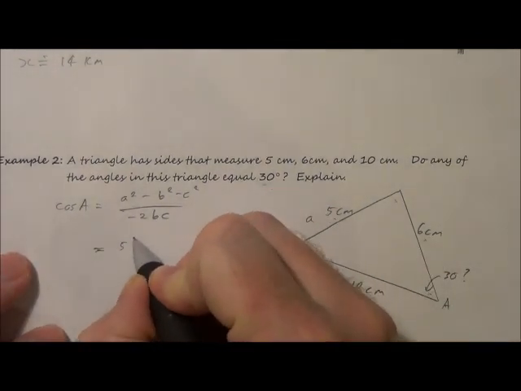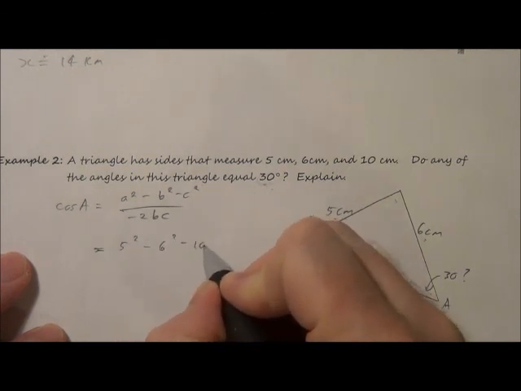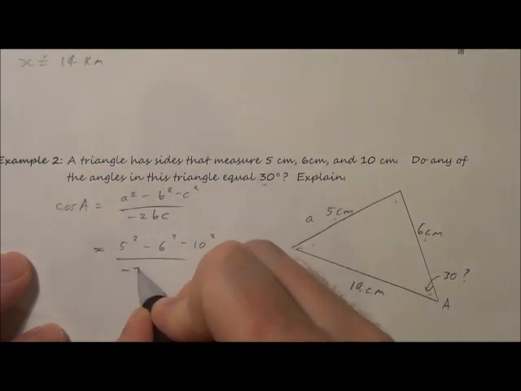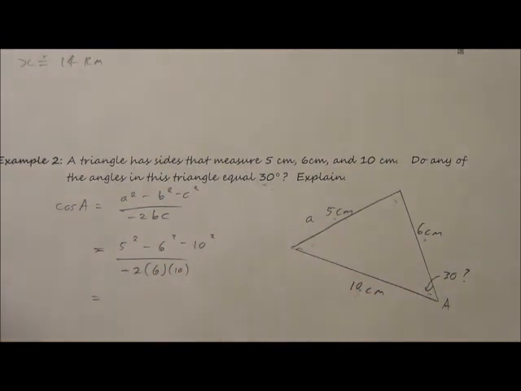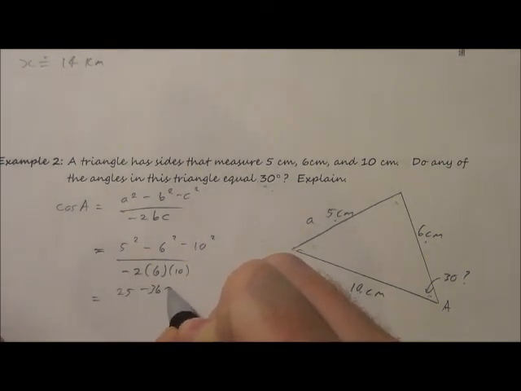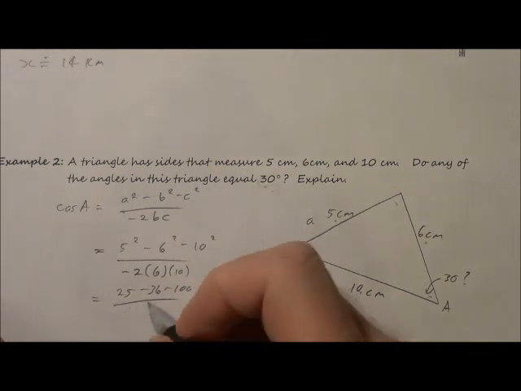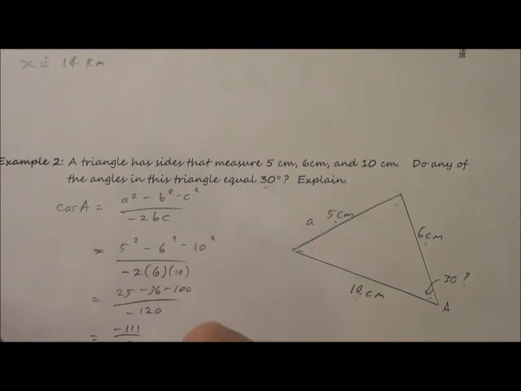So A is 5, that's squared. B I'll say is 6. C I'm going to say is 10. And so we got 25 minus 36 minus 100, all over negative 120, which is negative 111 over negative 120.